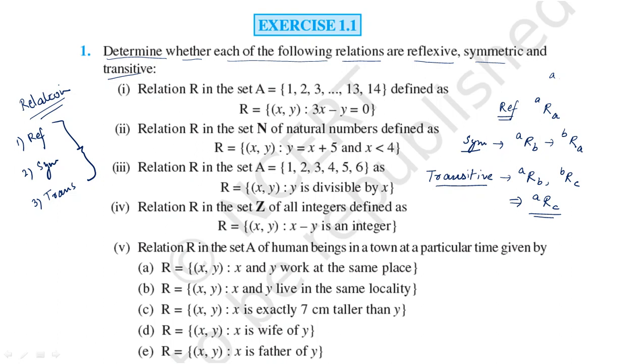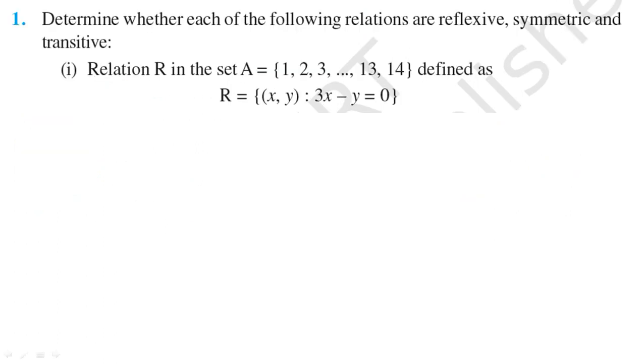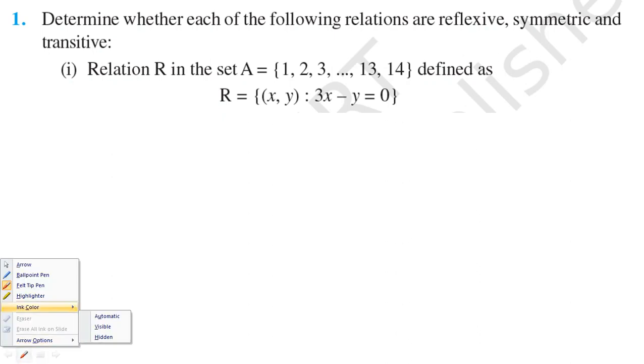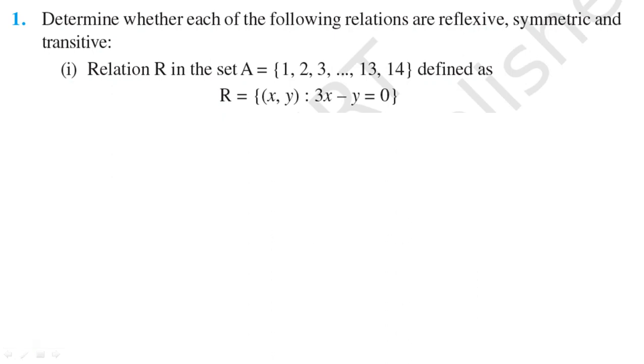Let us do the problems one by one from exercise. First of all, part 1 of question number 1. Relation R in set A, 1 to 3 up to so on 14, defined as (x, y) such that 3x minus y is equal to 0.